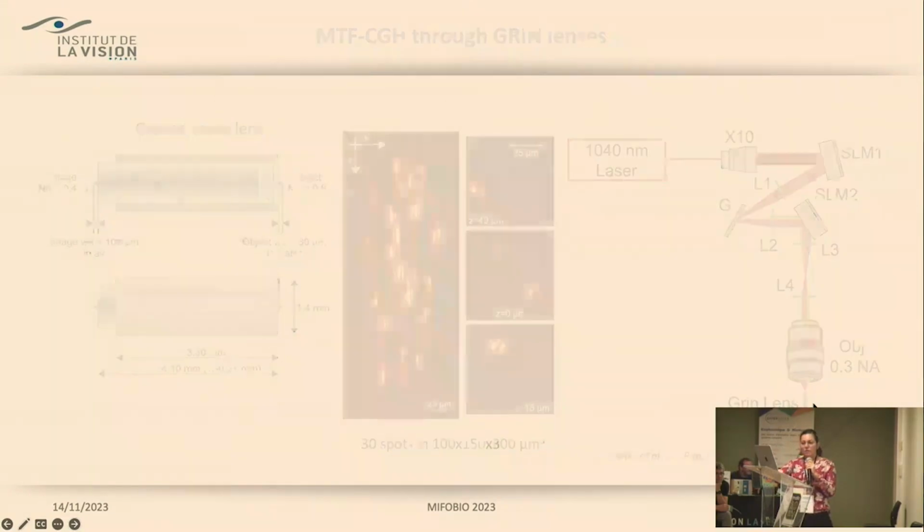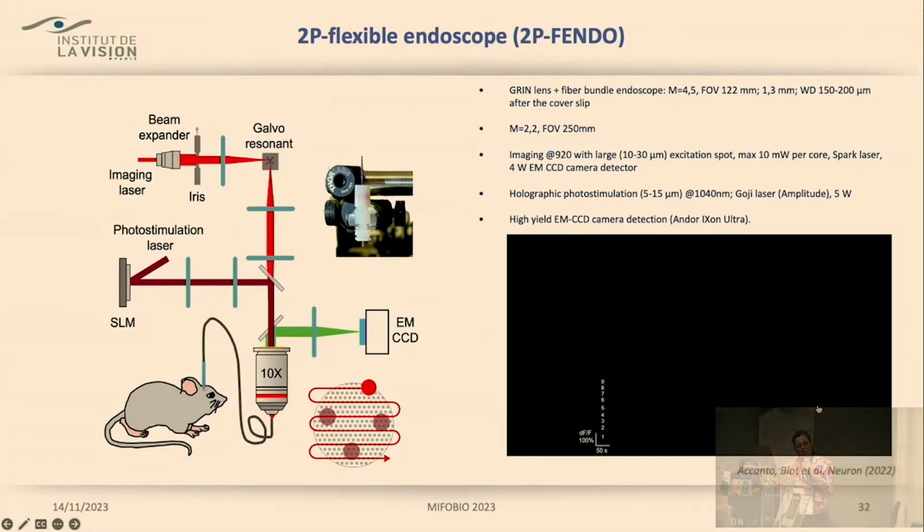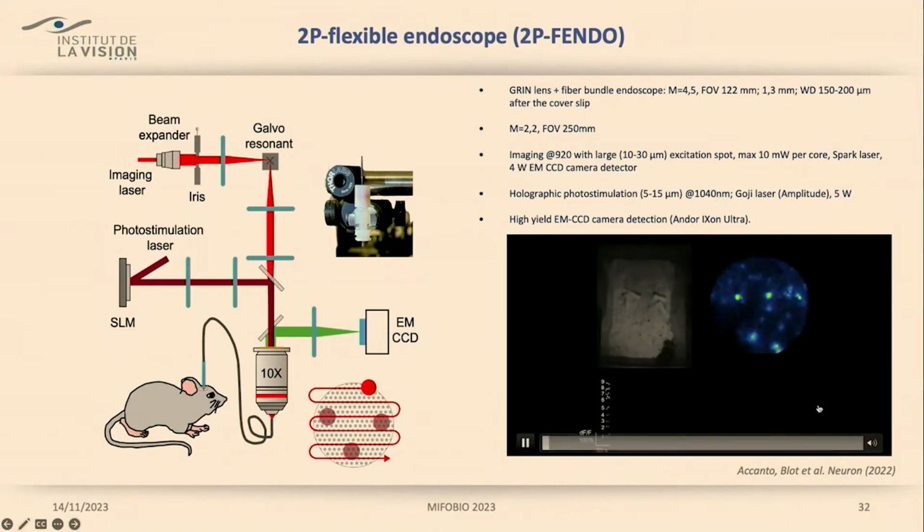And when we combined these lenses with fiber bundles, we are finally able to perform all-optical manipulation of neurons experiments, also in freely moving mice.